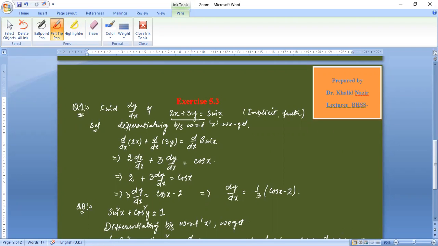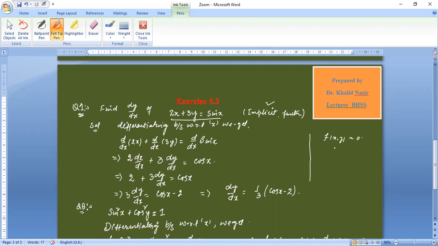Actually, I have written here it is implicit function differentiation. So first of all, we need to understand what is an implicit function and what is an explicit function. Suppose we have a function f of x and y equal to 0.